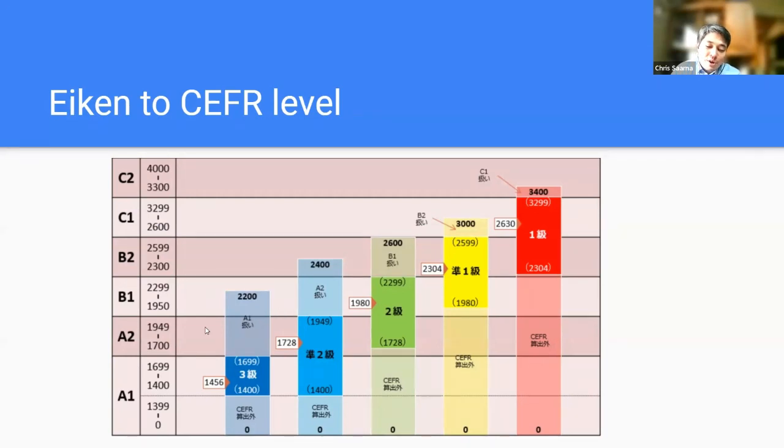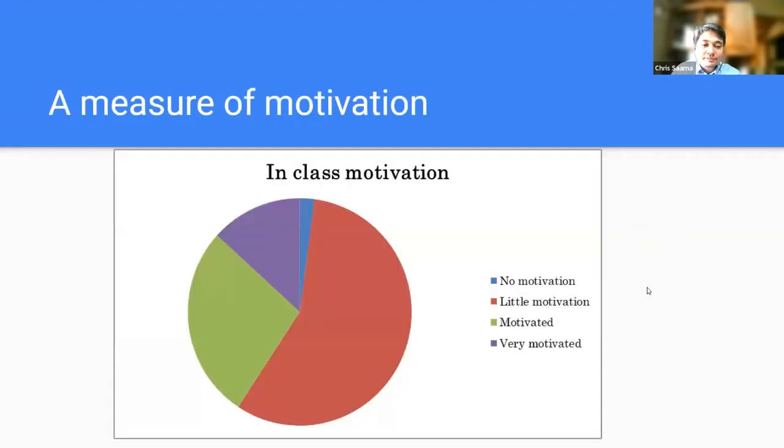I don't know if it's 100% accurate, but I found it to be relatively accurate with my students. I felt that most of my students were in the A2 to B1 range and probably more A2 range. And that's what most of the students gave as their test scores.